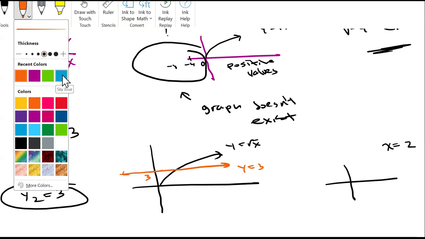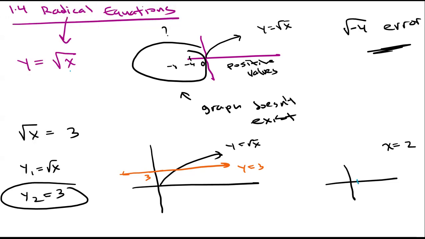It would be a vertical line going up from x equals 2. Exactly. So we have marked down 2 here, and then we'll have a vertical line here. That's why math can be complicated, because it has multiple representations. x equals 2 can be a point, but it can be a vertical line, such as y equals 3. y equals 3 can be a point on the graph, but it could also represent a horizontal line.